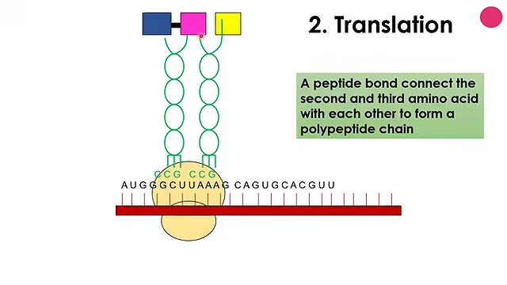We can't just have loose amino acids hanging around. They need to be bonded together, again by a peptide bond. So then eventually we have a polypeptide chain, which, when we have a long chain of amino acids, will form a protein.